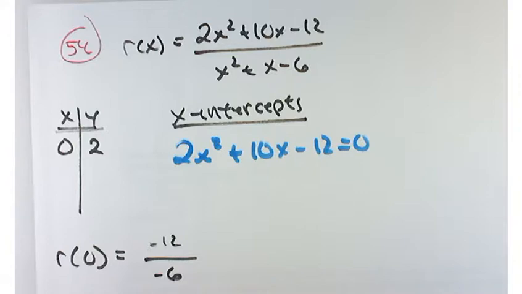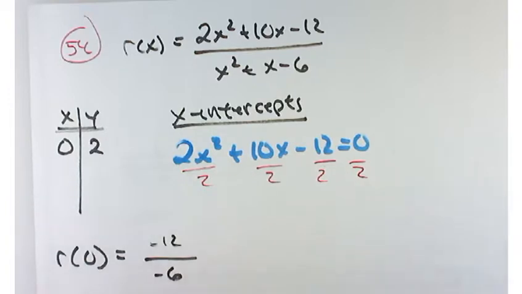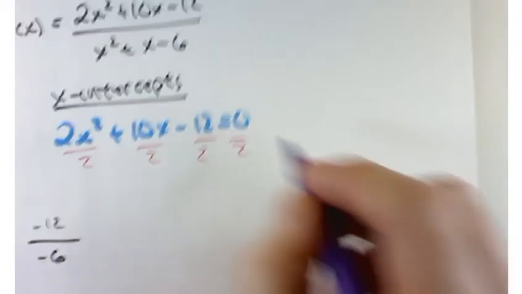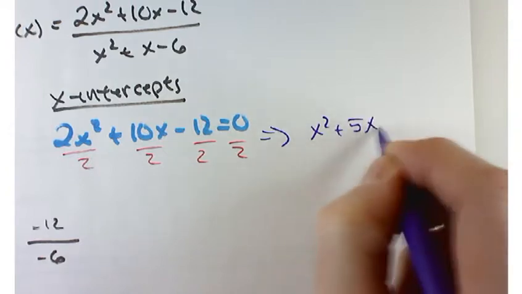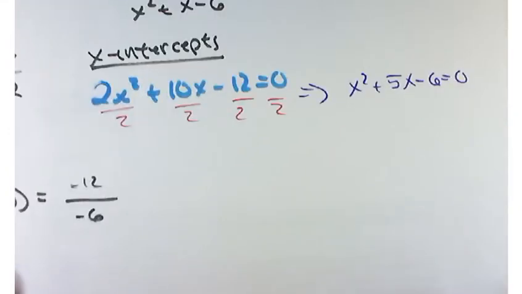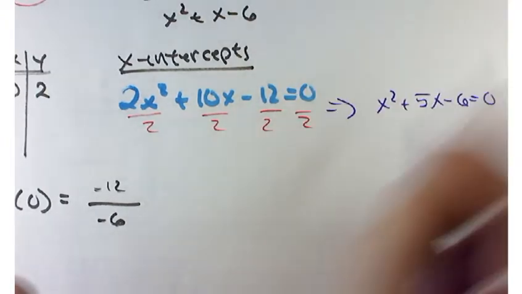As far as solving this is concerned, I see something that might make my life a little bit easier. Does anyone else see it? Divide everything by 2. That leaves me with x squared plus 5x minus 6 equals 0. And the nice thing there is that that'll factor pretty effortlessly.